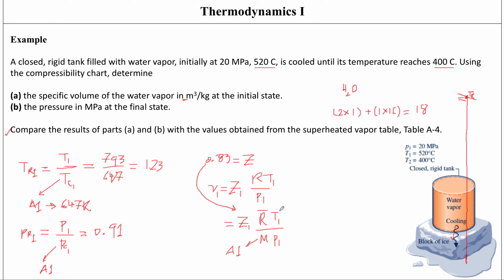I know what this value is. This is given to me. It's 520 degrees centigrade, but to keep the units consistent, I'm going to write it in terms of kelvins, which is 793 kelvins. The pressure, I'm going to write in terms of pascals, so 20 into 10 to the power 6.